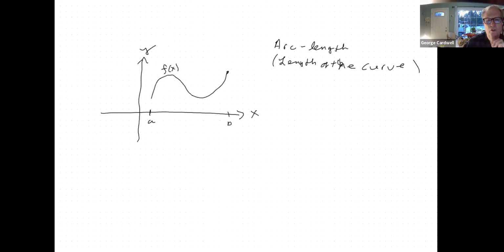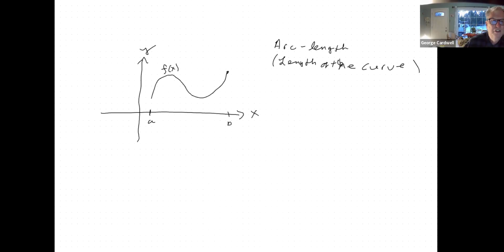You could also think of it as if this is a piece of string, you would pick it up, stretch it straight, and measure it. That would be arc length as well. So we're trying to get the length of the curve like that.